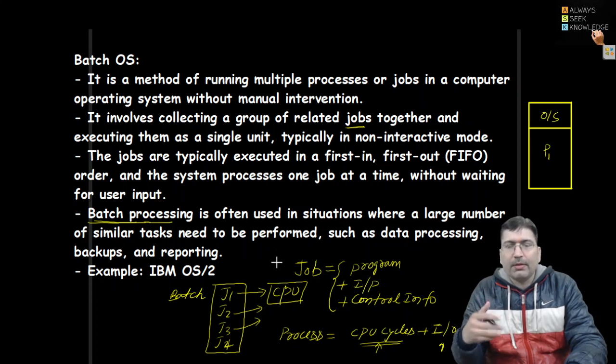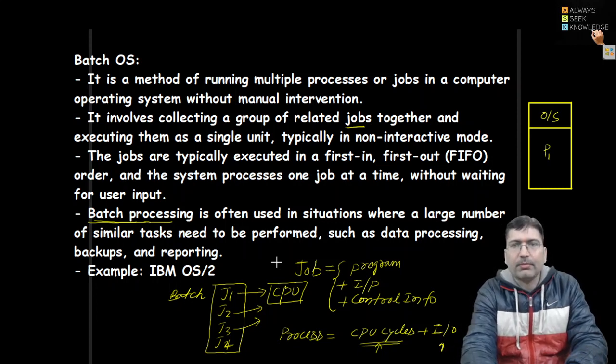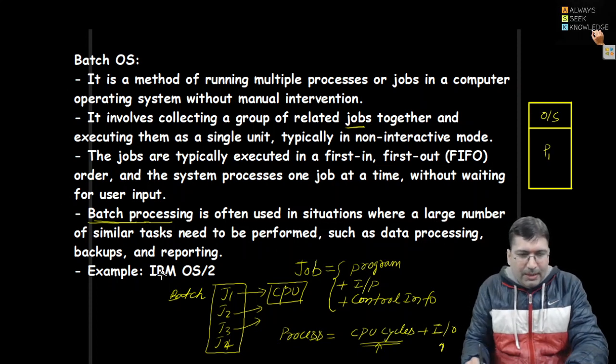Some repetitive tasks we can schedule in a cron job, and we expect that at a particular time the job will automatically start, and there will not be any user intervention required. Such jobs were planned in batch operating systems, and they were getting scheduled. One example of a batch operating system is IBM OS2.